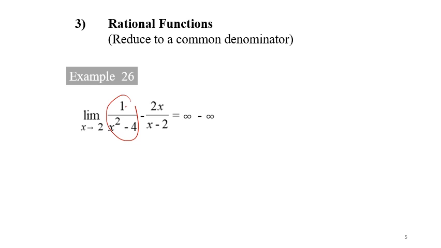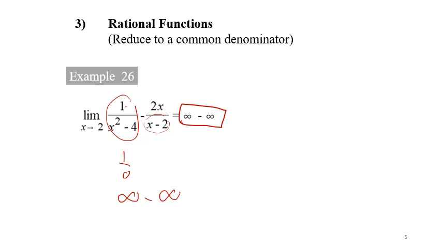This one will become infinity because 4 minus 4 is over 0, so that's why it will become infinity. Same also here, over infinity. So at the end, it still will become infinity minus infinity. So that's why it's stated over here, infinity minus infinity, right?